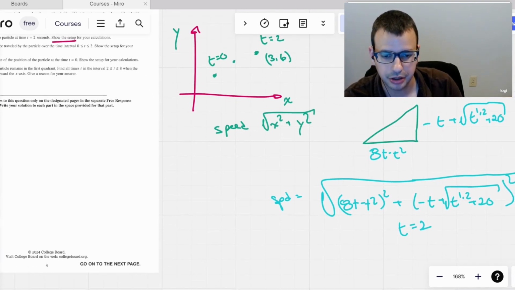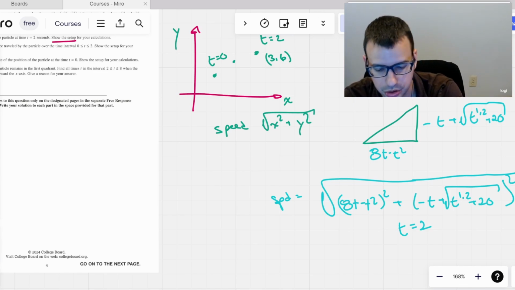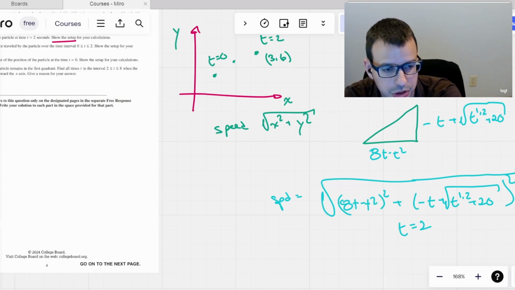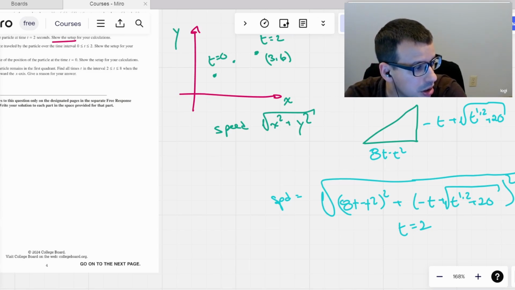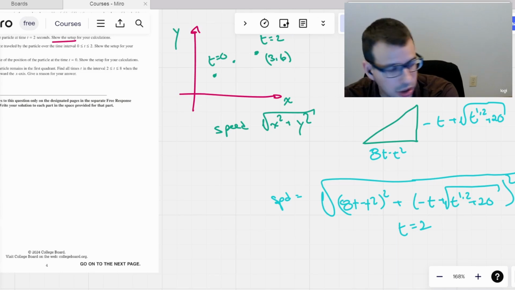Not too hard. You can do this in your calculator. I'm going to do this on Wolfram because I can. So we'll do the square root of the quantity 8t minus t squared, plus the quantity negative t plus the square root of t to the 1.2 plus 20, quantity squared, where t equals 2.